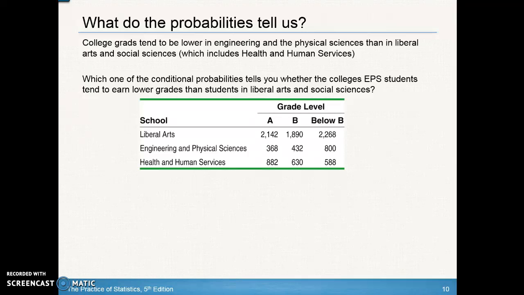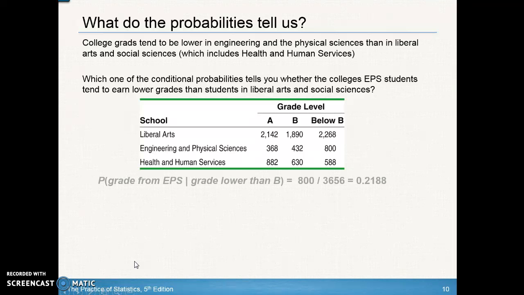Which of the conditional probabilities tells you whether EPS students, engineering and physical science students, tend to earn lower grades than students in liberal arts and social sciences? Take a minute and think about that before we look at our answer.